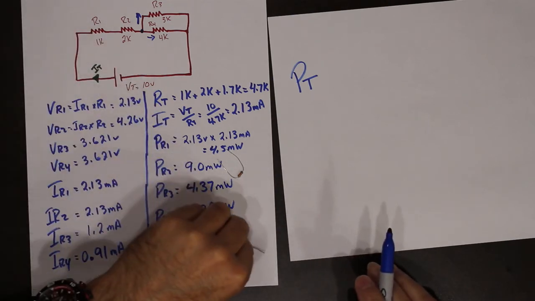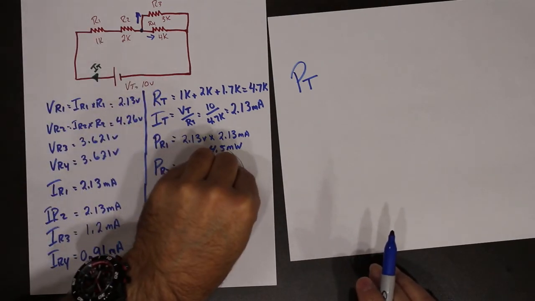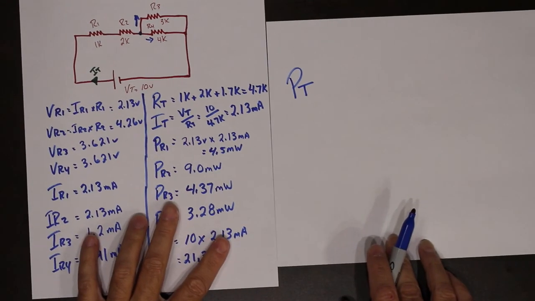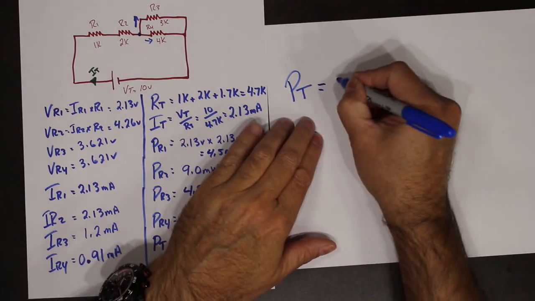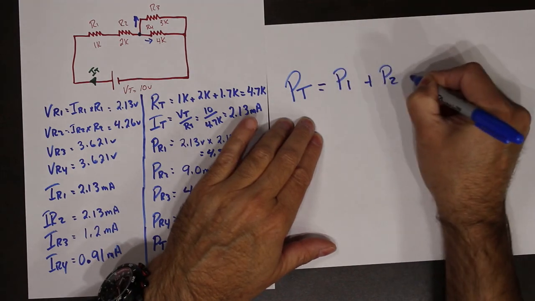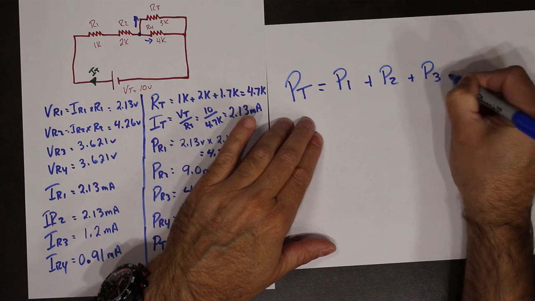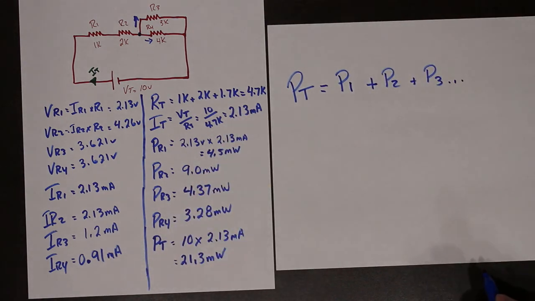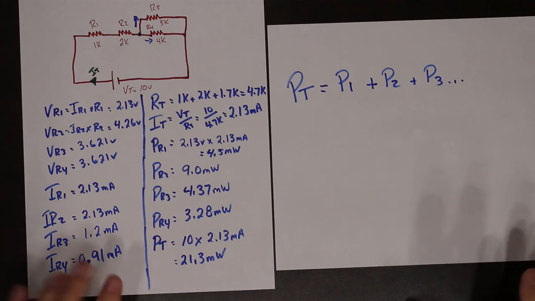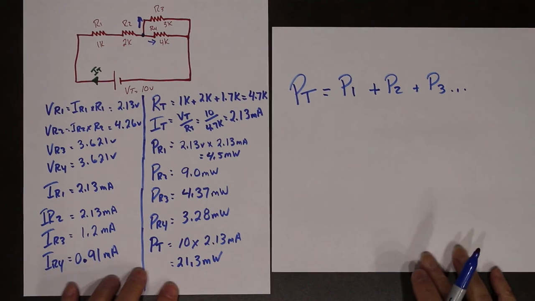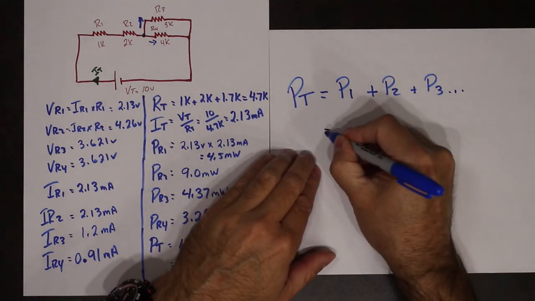It does not matter whether it is a series circuit or a parallel circuit or a combination, power adds up. Because we are just talking about heat. Doesn't matter how these things are oriented, all we're talking about is adding up the heat.